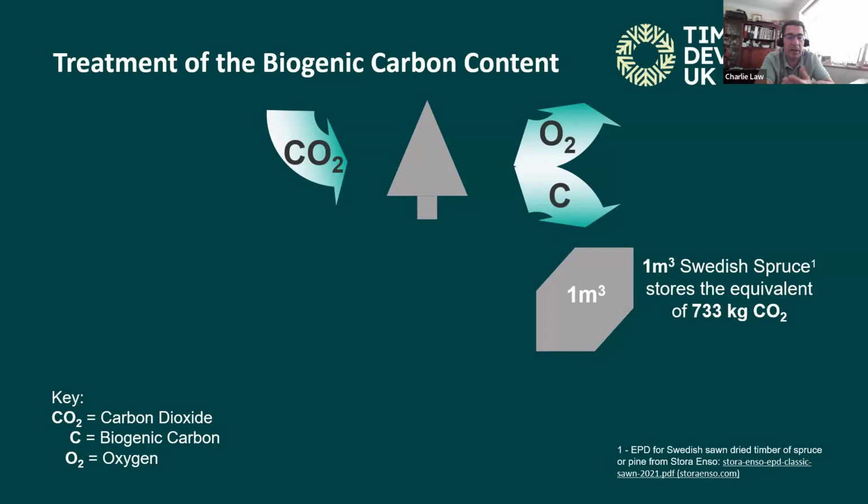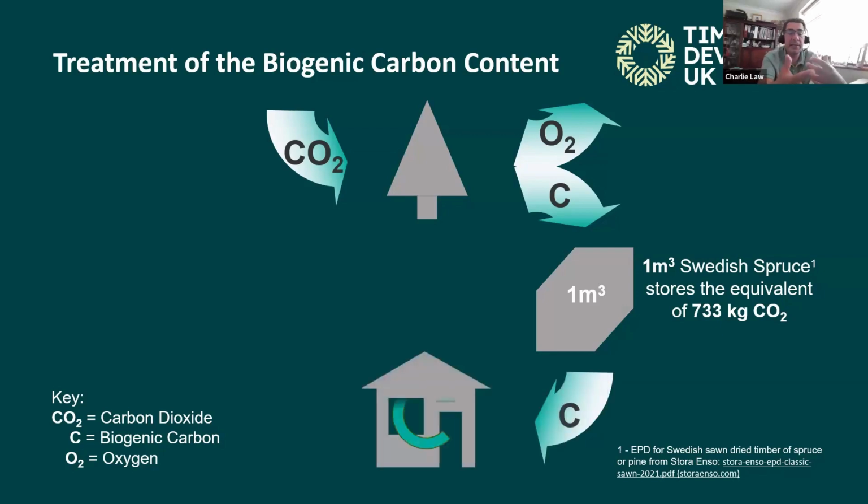And like we said, that cubic meter of Swedish spruce from the Stora Enso EPD stores the equivalent of 733 kilograms of CO2 per cubic meter of sawn timber. That carbon stays in the product. It's not released until it either decomposes or is burnt.